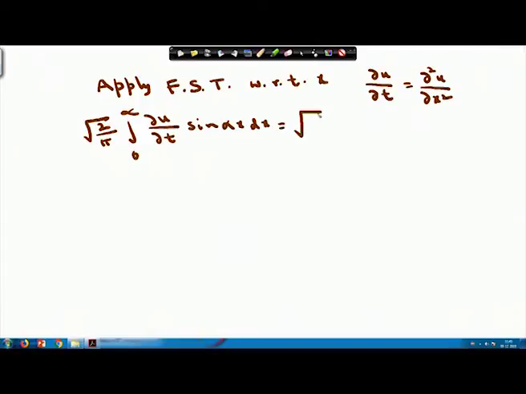equals, on the right side, root over 2 by pi, integral 0 to infinity, ∂²u/∂x² into sine of alpha x dx. Since we are differentiating with respect to x, we are taking the Fourier sine transform with respect to x.